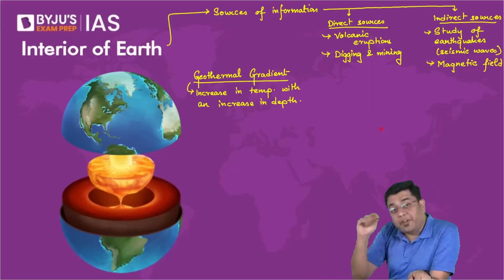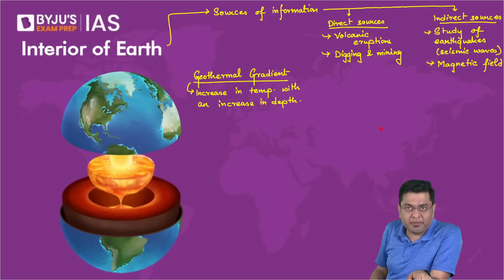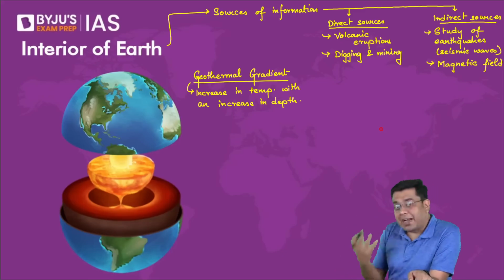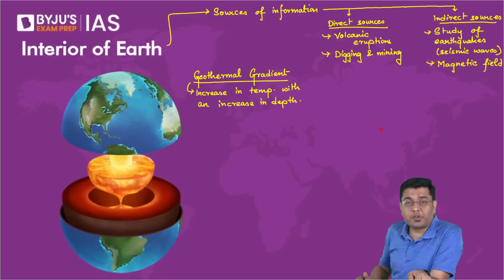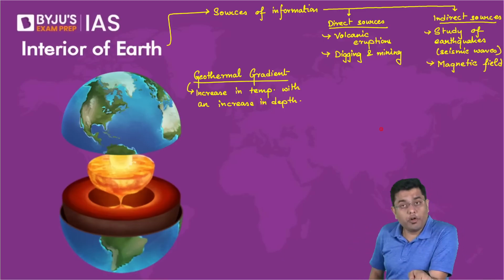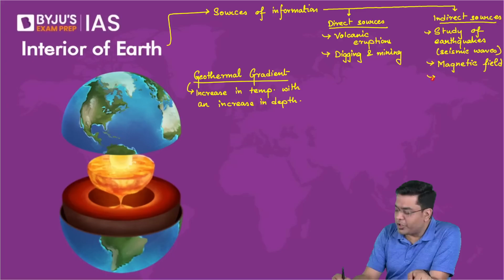Understanding any variations which exist in the magnetic field, any interruptions which arise in the magnetic field. By that, we get an idea whether the interior structure is changing at all or not. Then you have the study of the gravitational force.